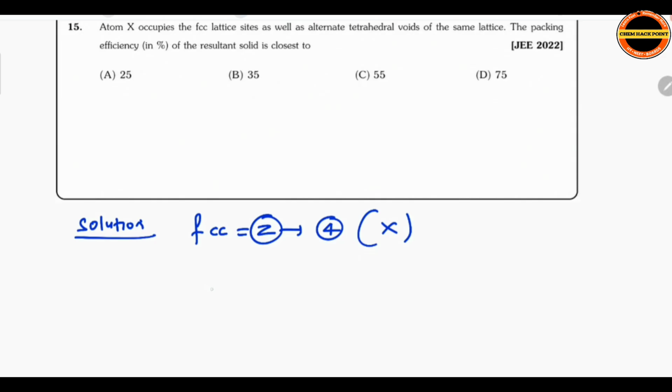Plus alternate tetrahedral voids of the same lattice. We know the number of tetrahedral voids in FCC, which we just discussed, is 2 into Z value, which is 8.